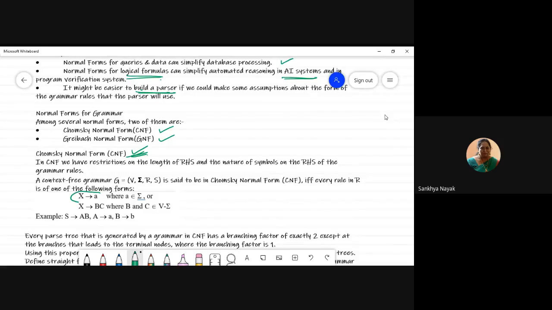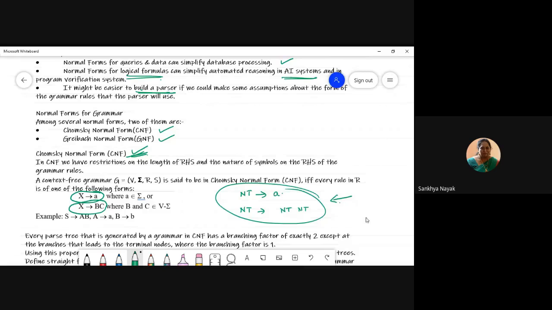It says, all my grammar should have only these two: a non-terminal should derive a terminal, or a non-terminal should derive two non-terminal symbols. These are the only things allowed. So, if you have written a grammar which doesn't have this, please use rules and convert it into this. Okay, that's what CNF is about.